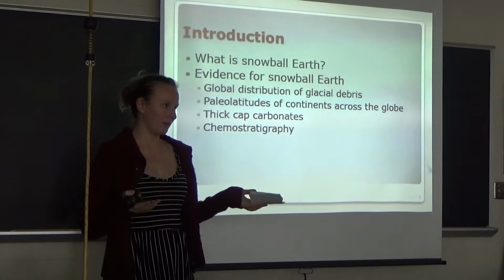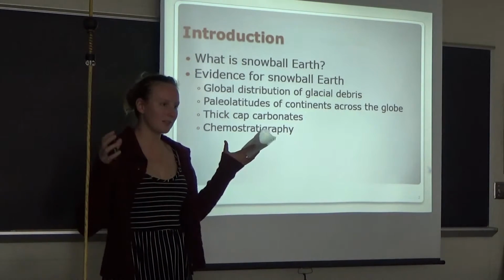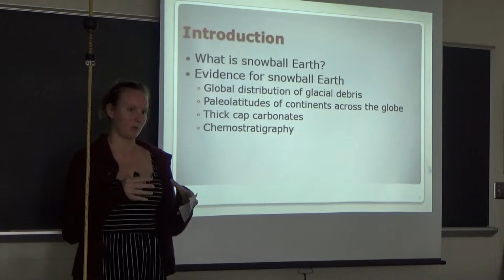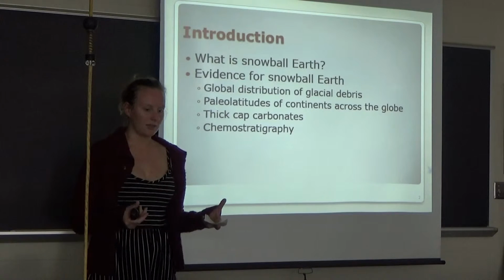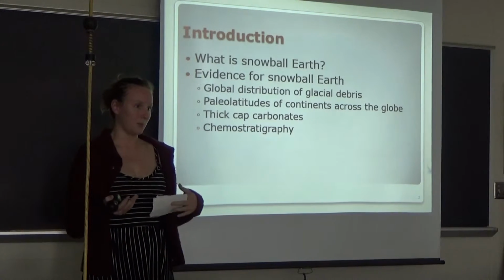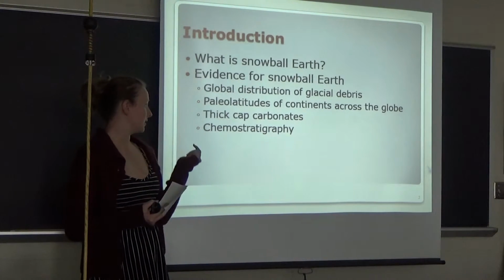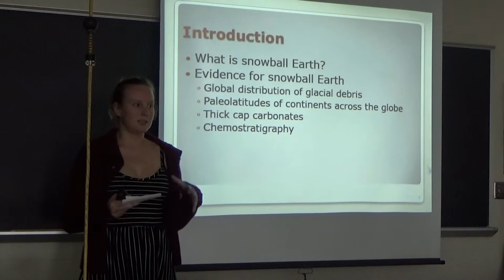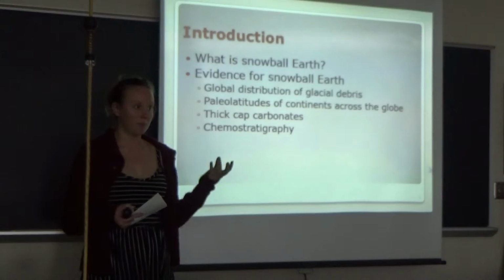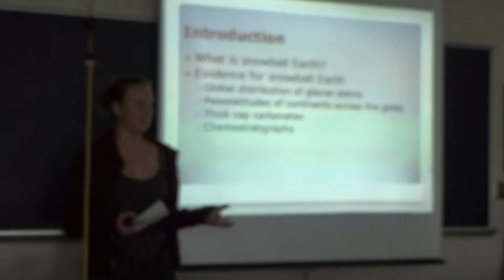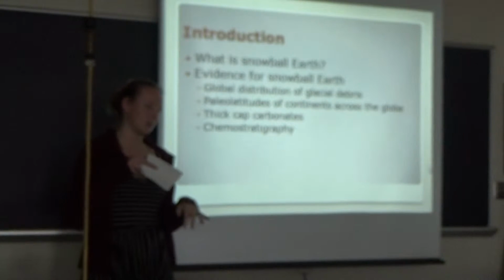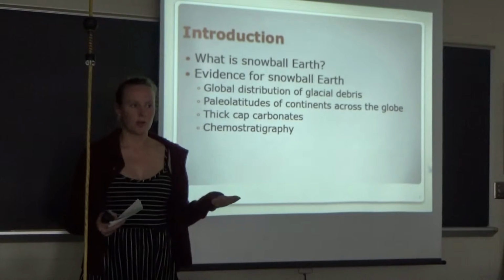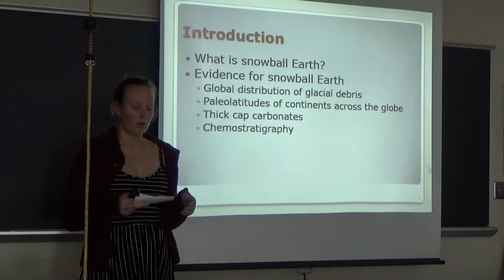So the idea of Snowball Earth, we just talked about it. Basically, it's the idea that at one point in time, the entire Earth was covered in ice. And there's evidence that supports this, things like the glacial debris, the paleolatitudes, which is the idea that at one point in time, a specific latitude was at a different place because of continental shifts and changing poles, which is why there were tropical deposits in Greenland.